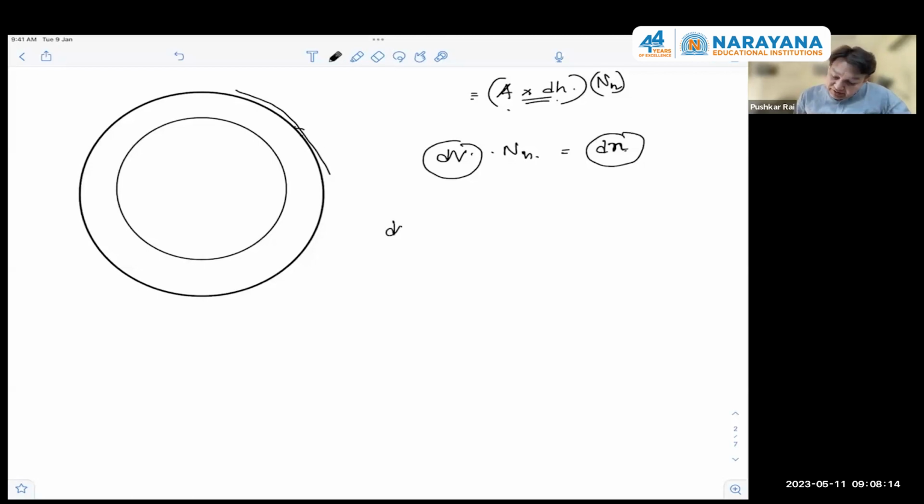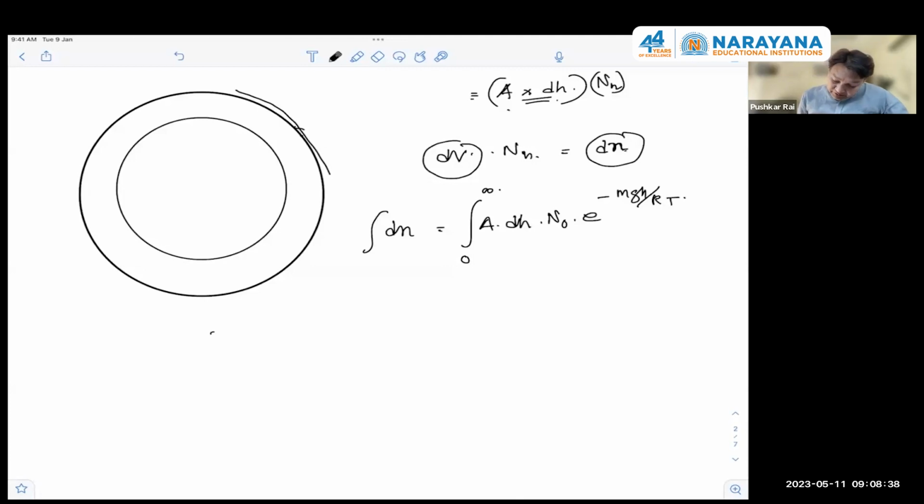So this dn is equal to dV, which is A into dh, into n(h), and n(h) is equal to n naught e to the power minus mgh upon kT. And now we are going to integrate it from 0 to infinity.